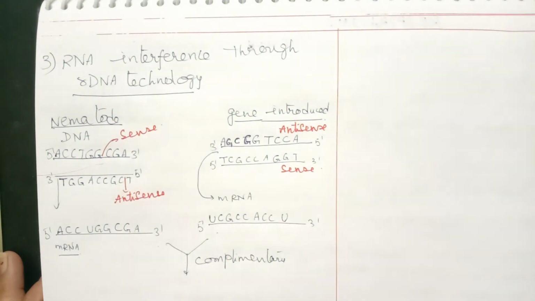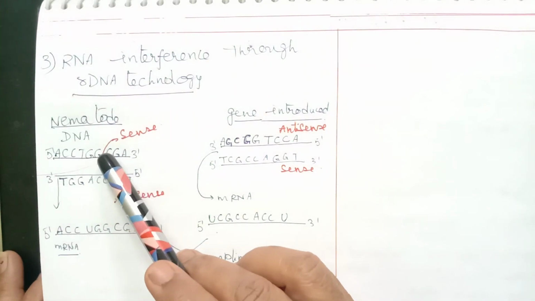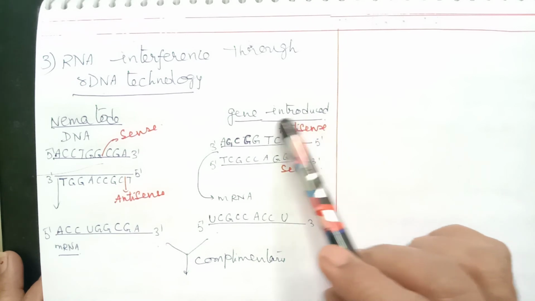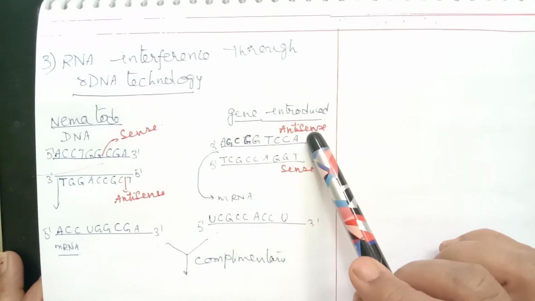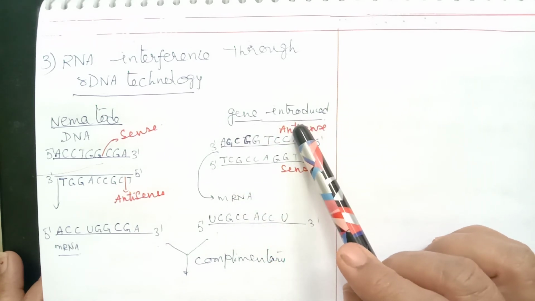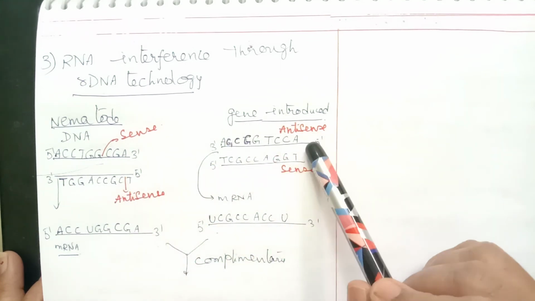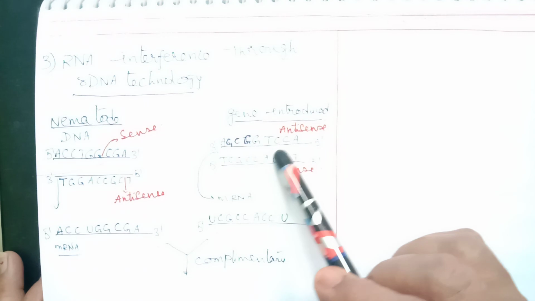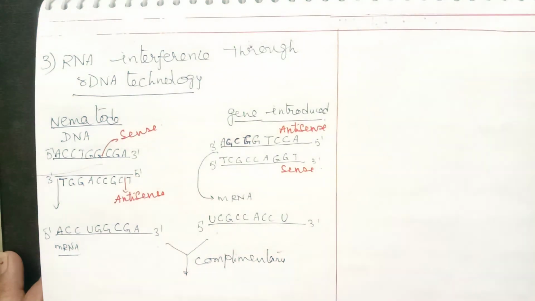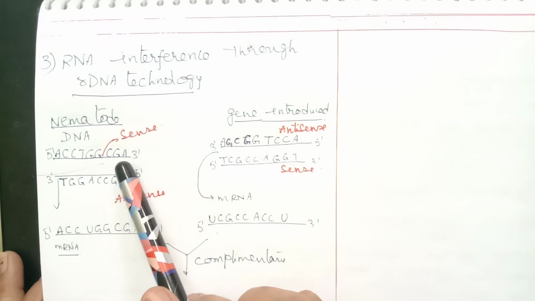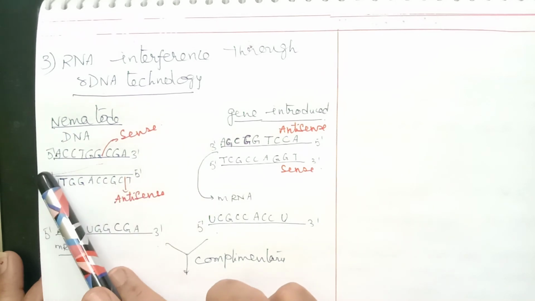Now, we introduce the gene in such a way that the sense strand of the nematode is taken as the antisense strand in the gene introduced. So if we make this the antisense strand, we have to read it from 3' to 5'.